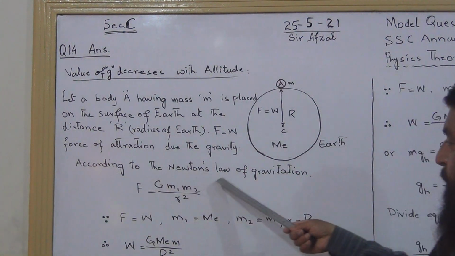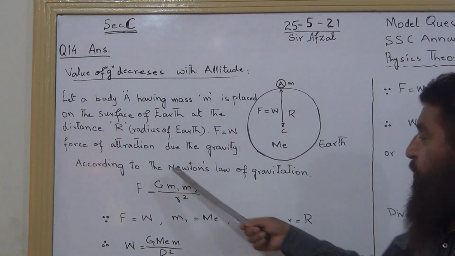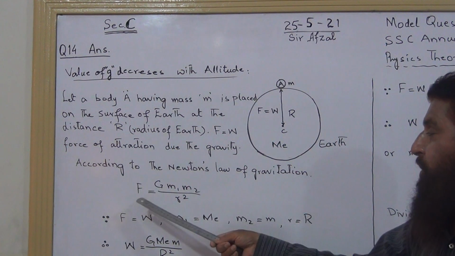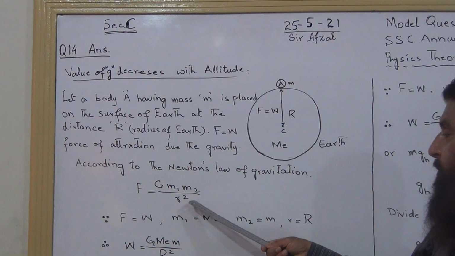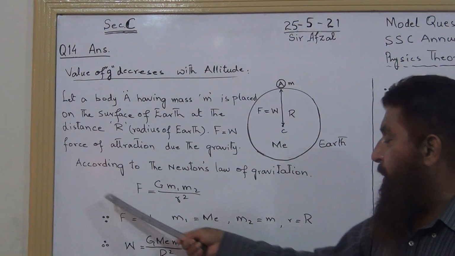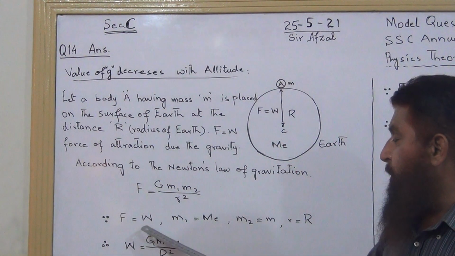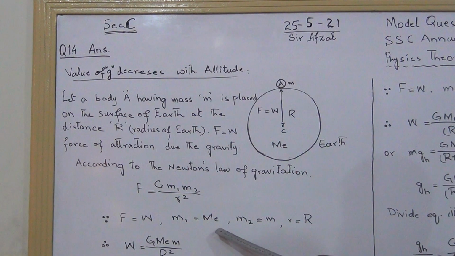According to Newton's law of gravitation, F is equal to G m1 m2 upon r square. But here F is equal to W, m1 is Me, m2 is m, and small r is capital R, the radius of the earth.